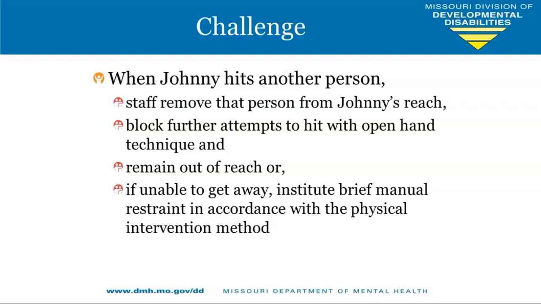So that might be something important if staff don't know how to escort somebody away or suggest. So one specific circumstance where that might be a good idea is if the roommate, or the housemate, or whoever that person is doesn't want to leave, and so you would want some further instruction about how to address situations where the other person who's been struck doesn't want to leave. So that's a good suggestion.